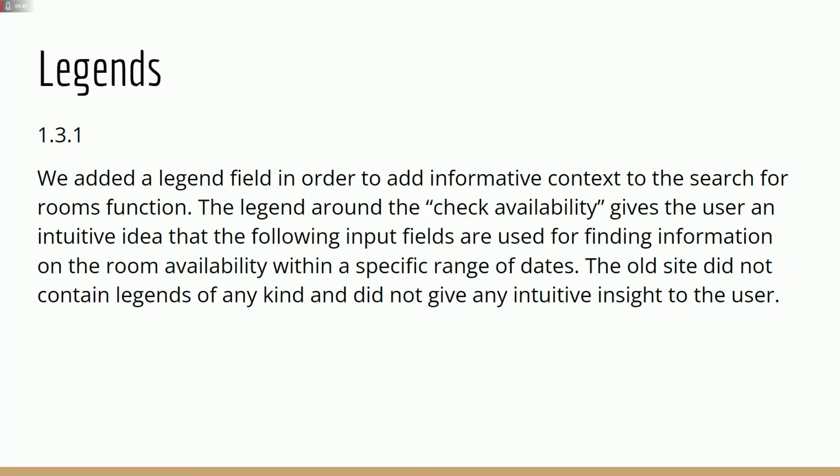We also added a legend field in order to add informative context to the search for rooms function. The legend around the check availability gives the user an intuitive idea that the following input fields are used for finding information on the room availability within a specific range of dates. The old site did not contain legends of any kind and did not give any intuitive insight to the user.